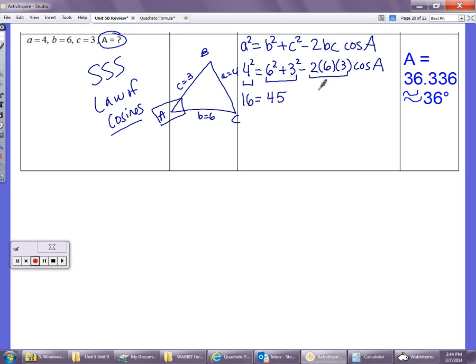And then 2 times 6 times 3 is 2 times 18, which is 36. Do not subtract these, because these are actually attached. So you can't touch the 36. So you have to actually do a two-step equation. First step is to minus 45.